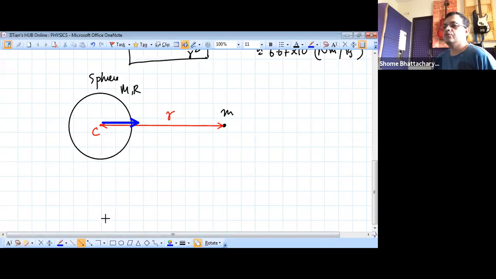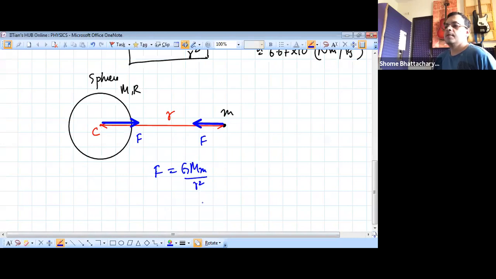And the direction of the force on this one, same type of expression for force. Equal and opposite forces act on both of them. So F is G capital M into small m divided by r squared.